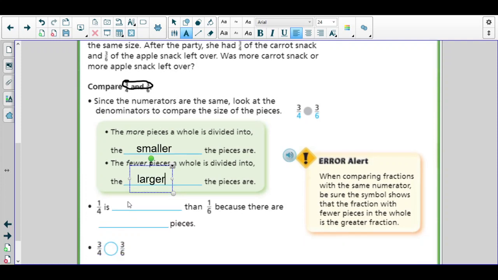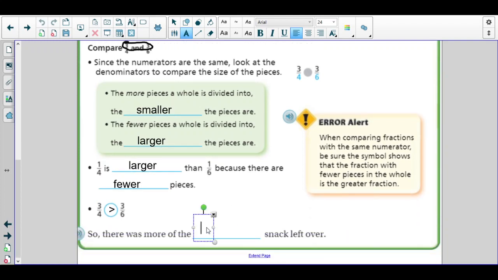One fourth is larger than 1/6 because there are fewer pieces. So 3/4 is greater than 3/6. So there was more of the carrot snack left over.